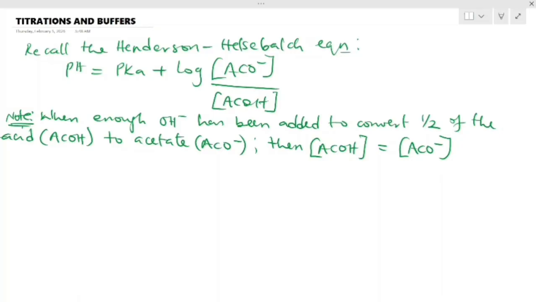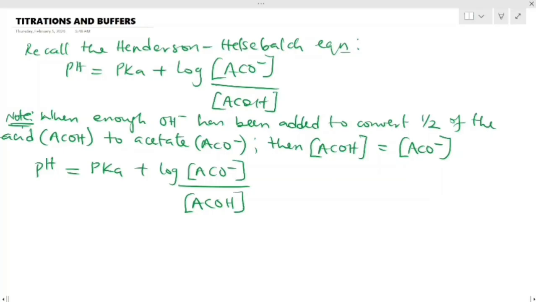At this point, we want to write out the pH equation again. You have pH is equal to your pKa plus log concentration of ACO minus, your acetate, over ACOH, which is your weak acid.